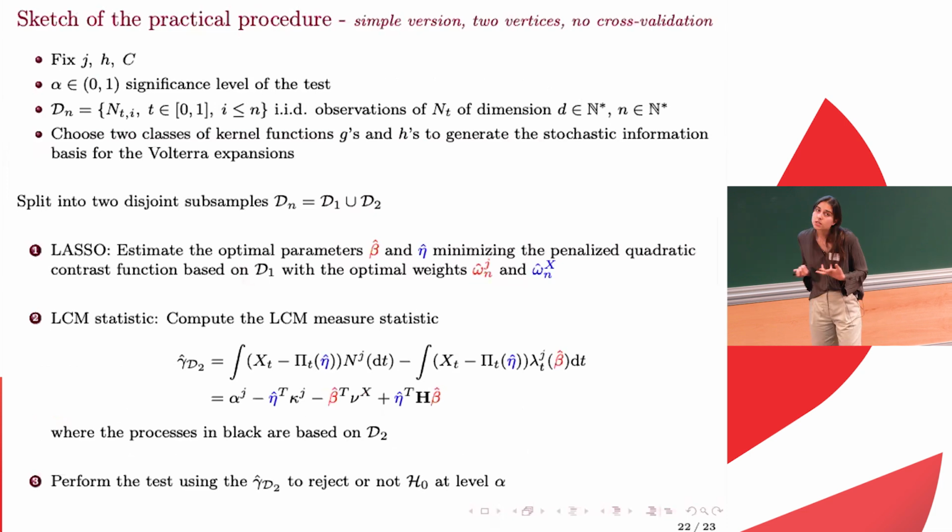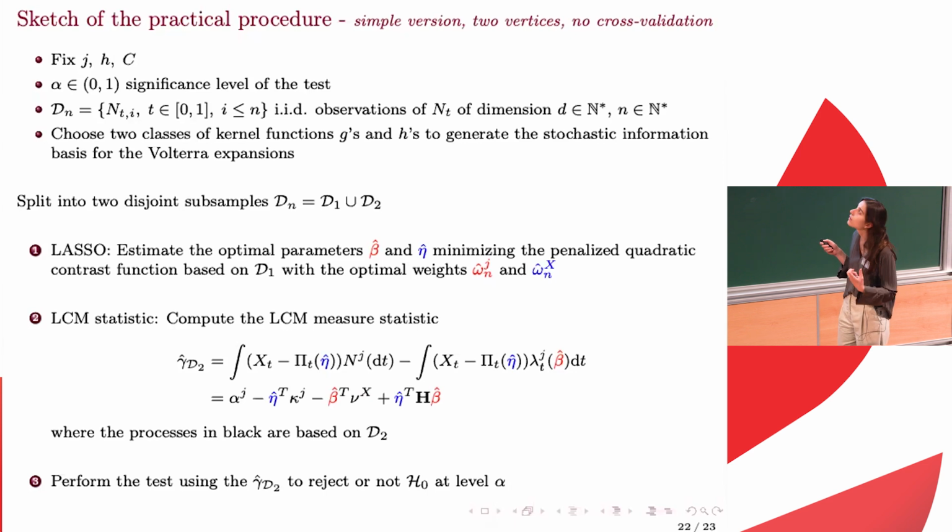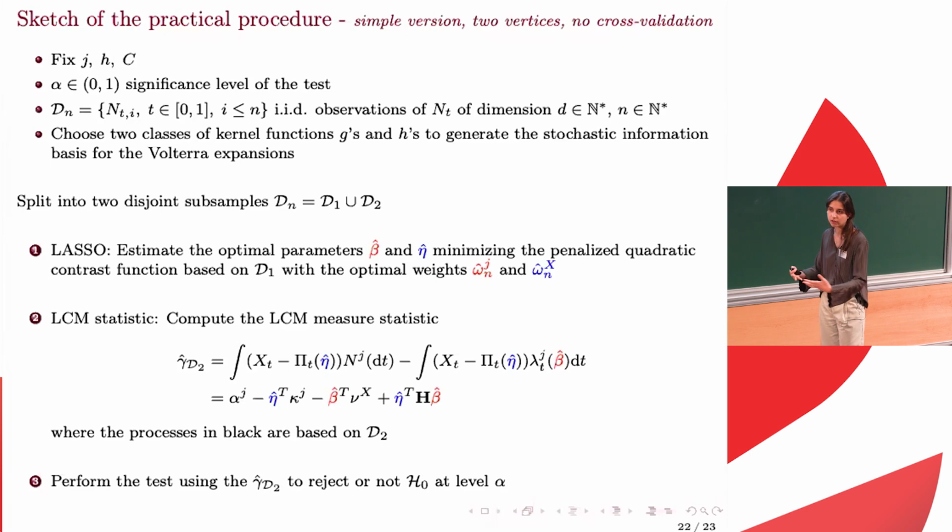And so a sketch of the practical procedure would be that I have fixed all my coordinates and chosen a significance level alpha, and I have my i.i.d. observations of the counting processes related to real data, the health database from the Danish population, for instance. And if I choose those classes of kernels, G and H, then what we propose is to split the data set in two.